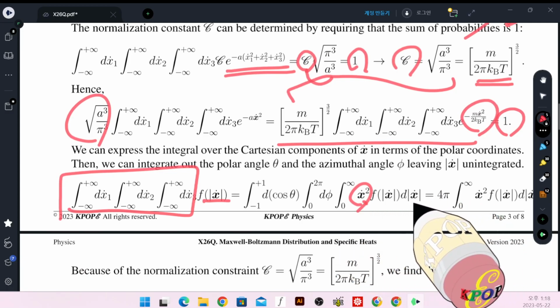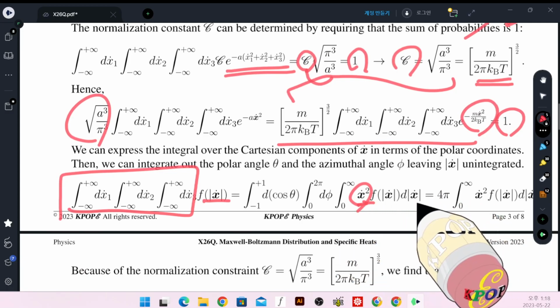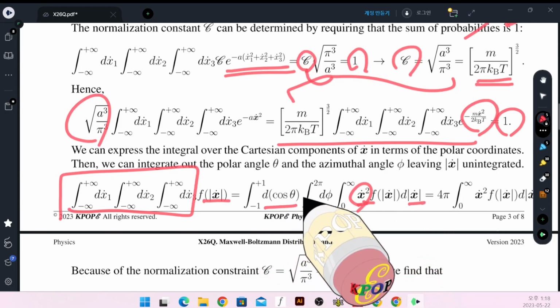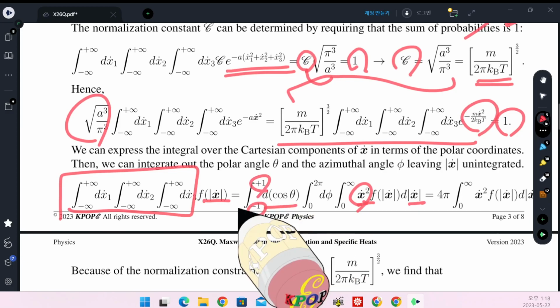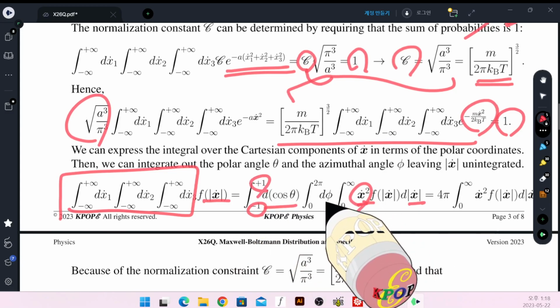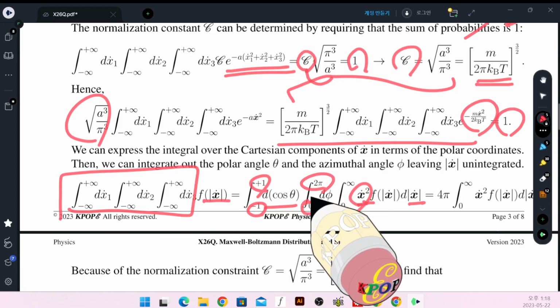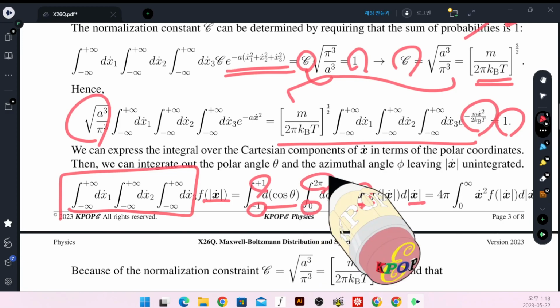three-dimensional polar coordinates. This is the radius r squared dr and d cosine theta that runs from -1 to 1, and the azimuthal angle integral from 0 to 2 pi.